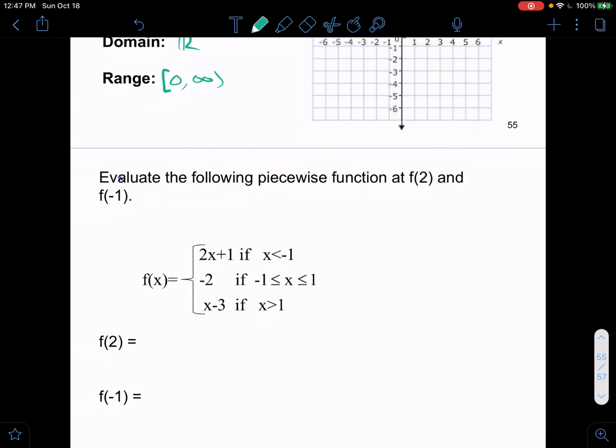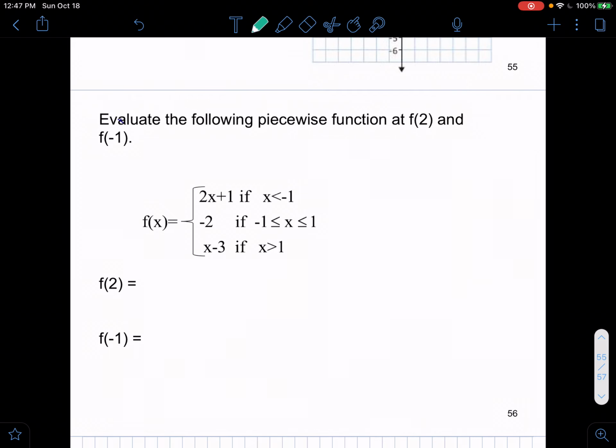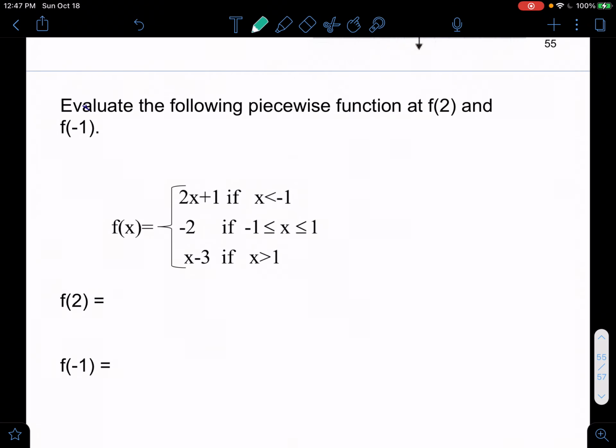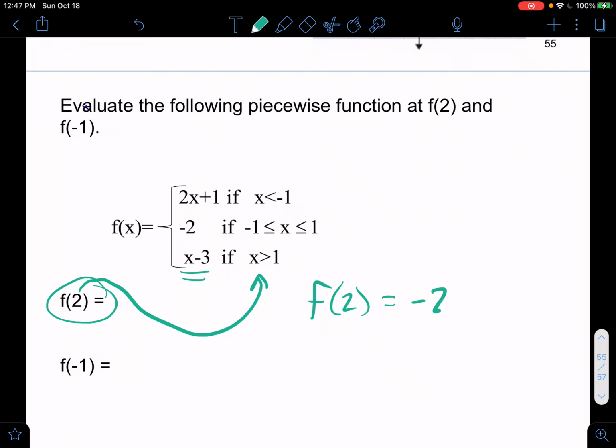Last problem, again, this is what's probably the most useful with piecewise function, is just to evaluate. So if I wanted to evaluate f of f of 2, I would have to find where 2 belongs. Since 2 is greater than 1, I need to use this bottom rule. So 2 take away 3 means that the inner value would be a minus 1.